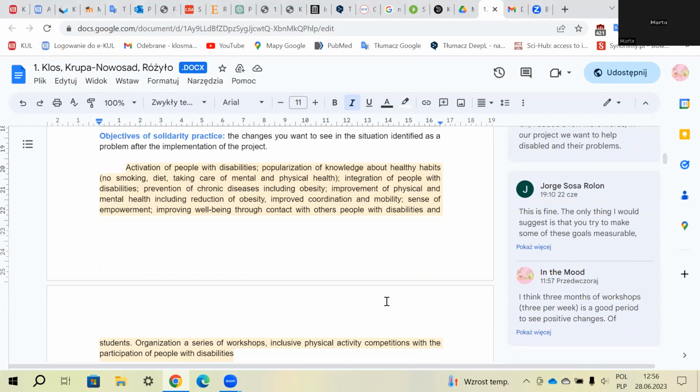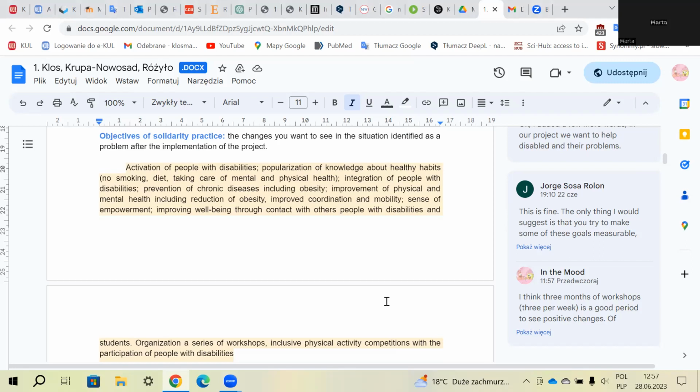Firstly, our university teachers would have some workshops for students, and then students will be popularizing knowledge about healthy habits among disabled people.